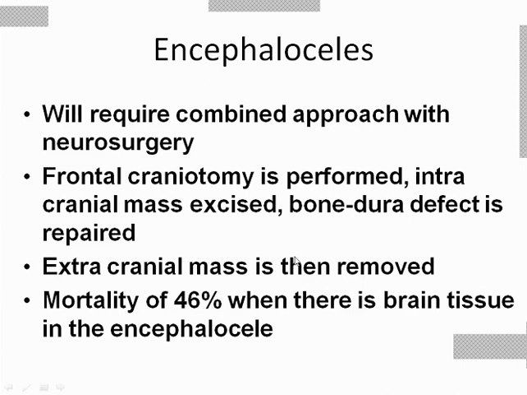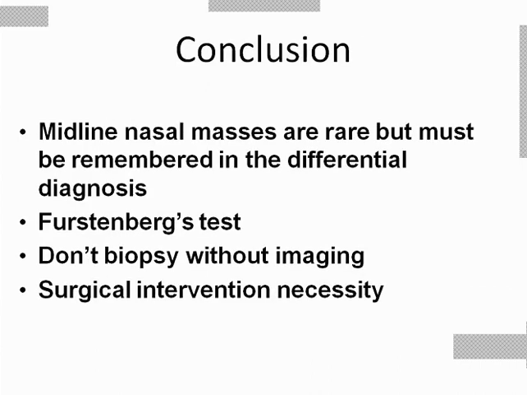So in conclusion, midline masses are rare but must be remembered in the differential diagnosis. And always do a Furstenberg test to exclude an encephalocele. If the Furstenberg test is positive, what do you suspect?